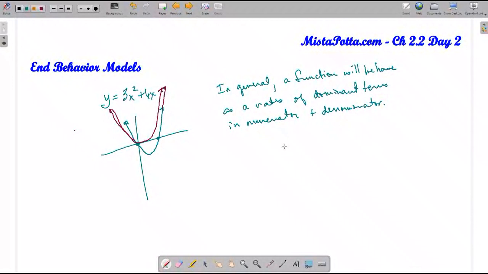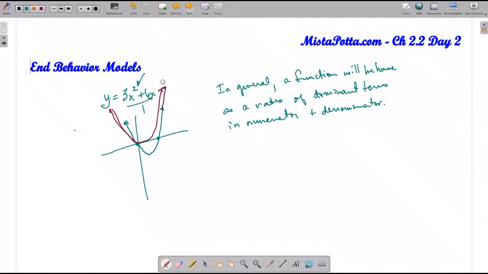And that's not a problem if I'm dealing with something that's strictly polynomial, because it's really easy to see what my dominant term is in the numerator, and my denominator ends up being constant.